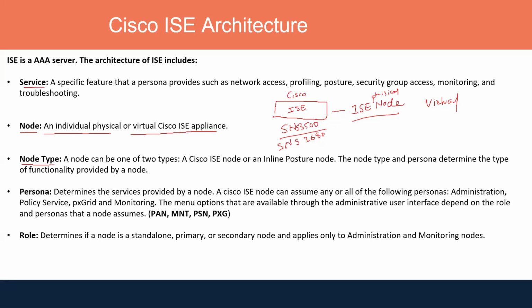You won't say whether it is physical or virtual. Node type means how you are deploying in your network. Basically there are two types of deployment you can do in your network. One is known as inline.